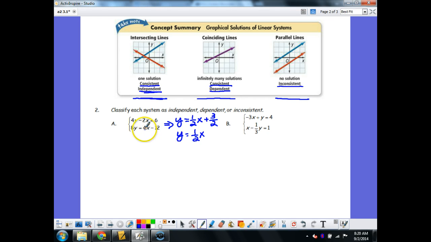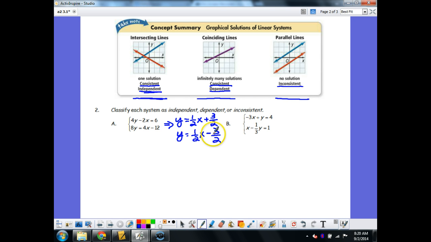Now, dividing the -12 by 8, 4 goes into both of those, so we have -3/2. If they have the same y-intercept, they would be coinciding. If they have different y-intercepts, they are parallel lines, which makes it inconsistent.